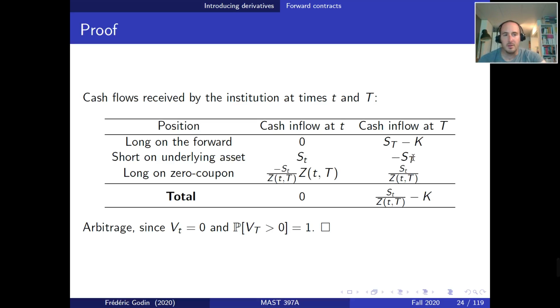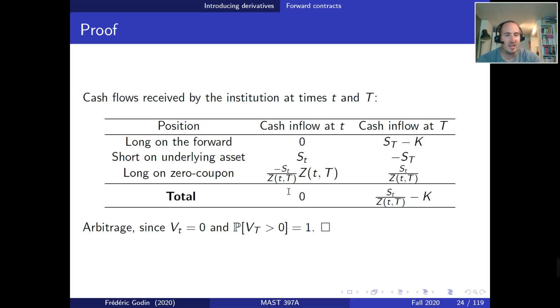Finally, the third position in the portfolio is a long position on the zero coupon at time small t. We purchased S divided by Z shares of the zero coupon.